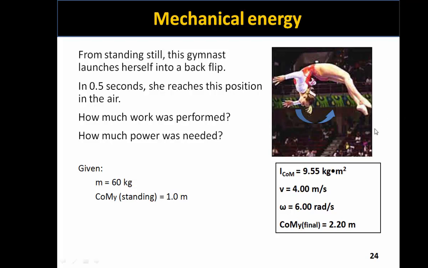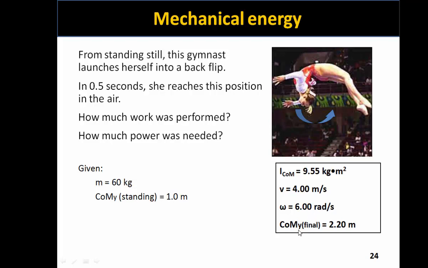So the calculated moment of inertia for the gymnast was provided to us at 9.55 kilogram meters squared. The linear velocity of the gymnast at this point was captured to be 4 meters per second, and she is rotating at 6 radians per second.